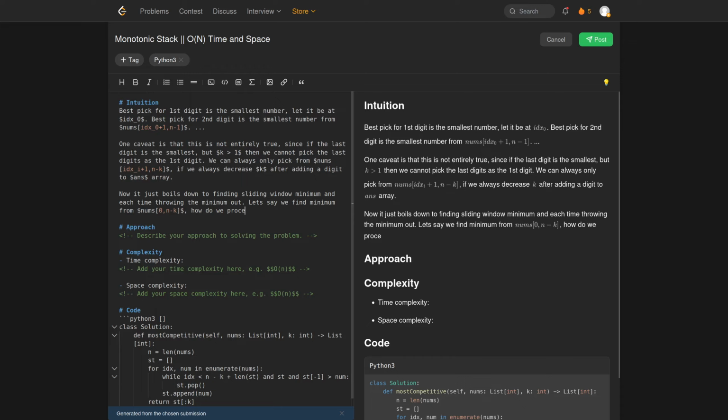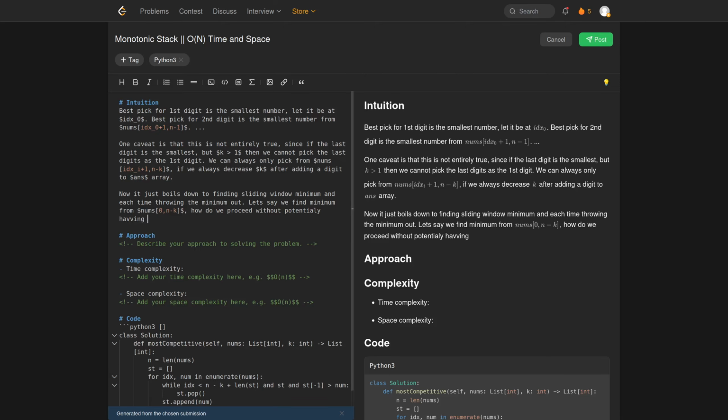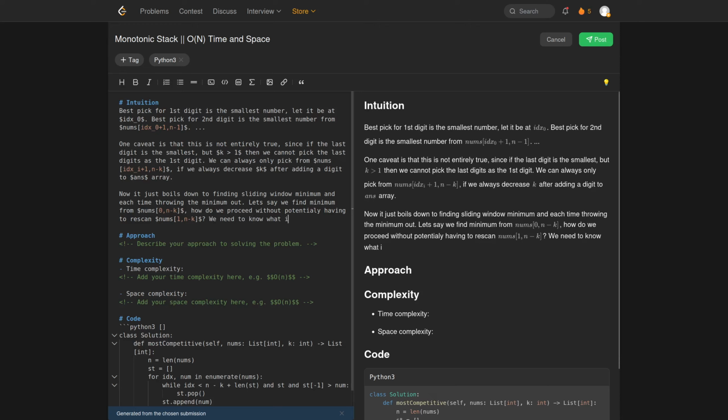How do we proceed without potentially having to rescan nums 1 to n minus k? What is the smallest number?